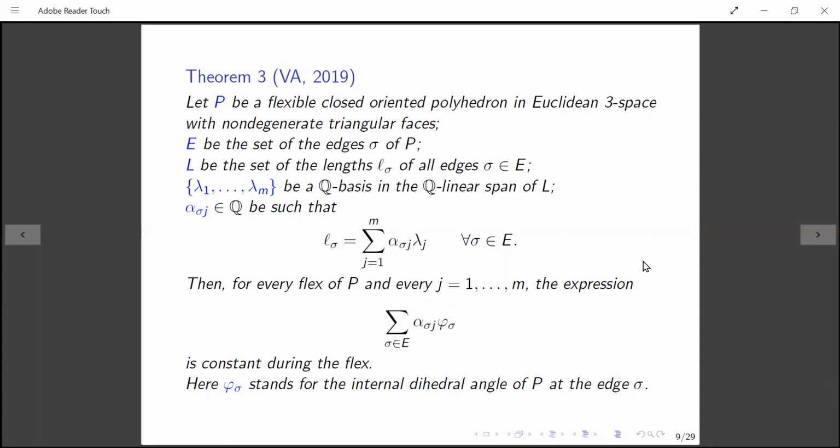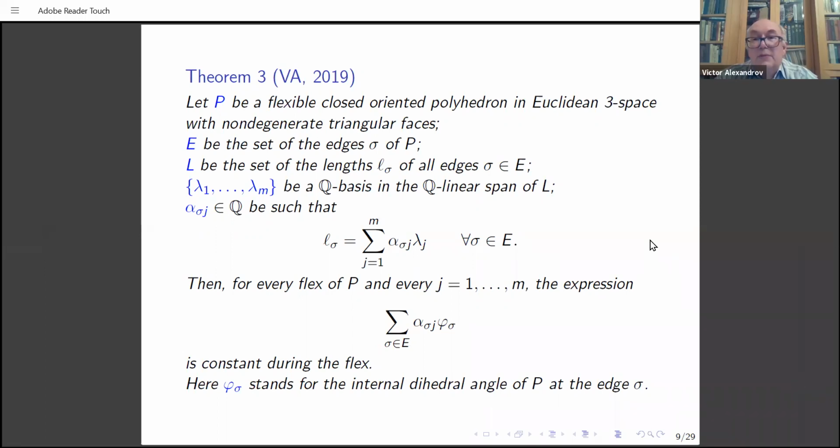So your formula holds independently of what basis you use? Yes, it is independent. I can choose any basis, and then this formula holds true. And then the same coefficients should be used and can be used in theorem 4. And the basis is arbitrary. Yes.